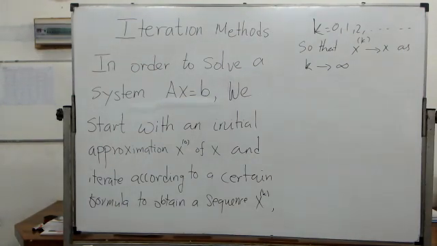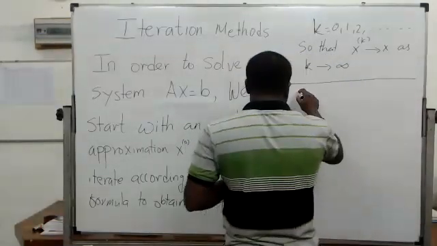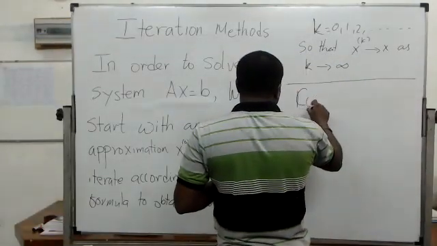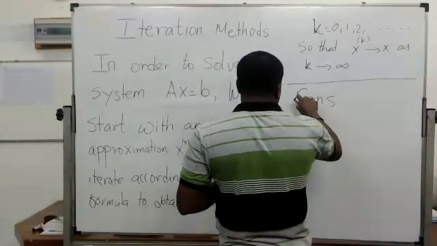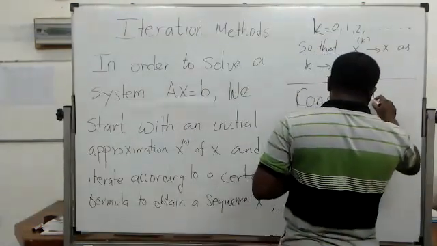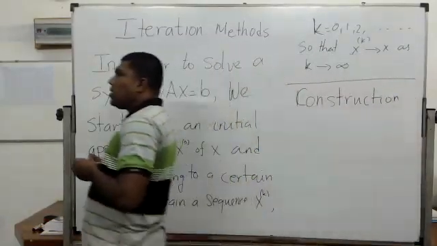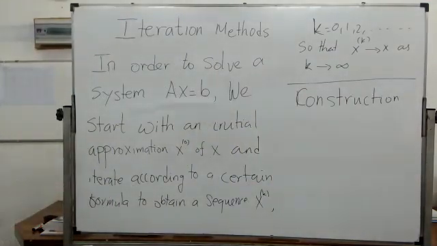So you start with an initial guess and you keep on computing more and more. How can we achieve this? That is the question. Now we have to have a procedure. We have to construct the iterative method.